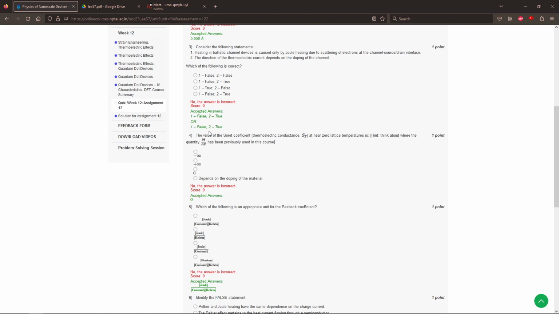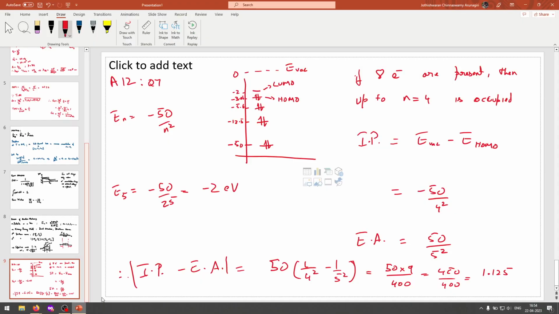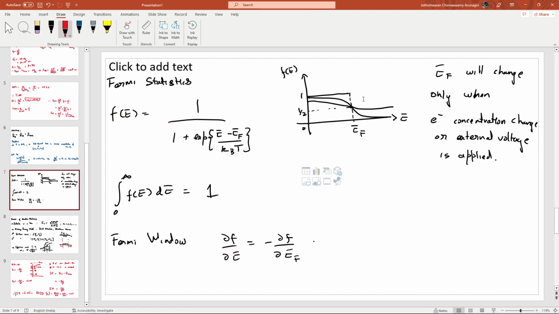The reason is that at near zero lattice temperatures, as I have mentioned previously, and I forgot to mention that this is T equal to 0 Kelvin, this line is flat.